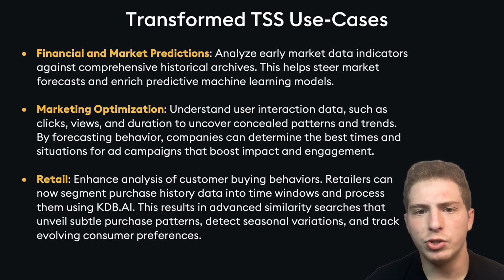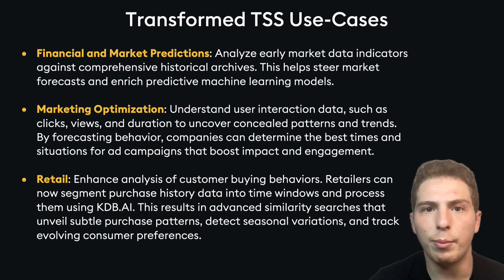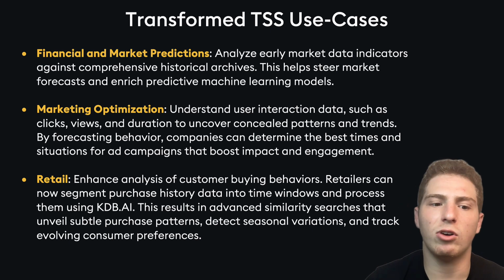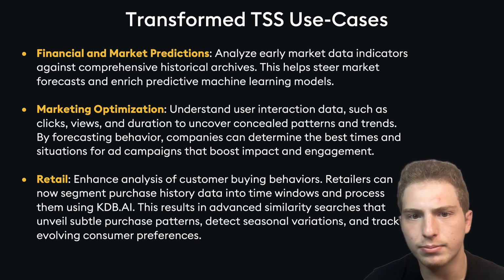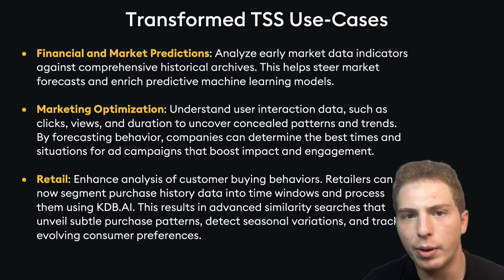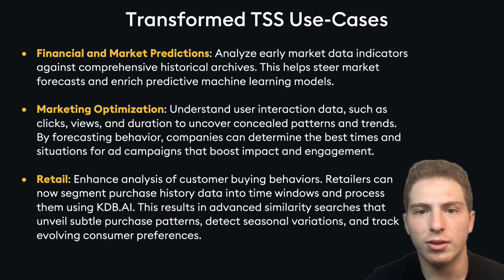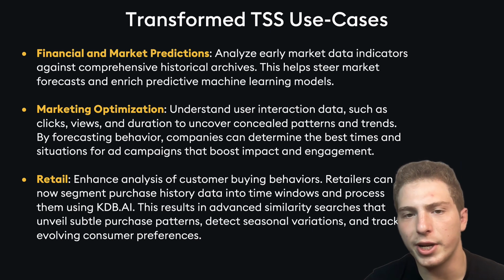For example, you can search an interesting price movement or a jump in user consumption and see whether you could figure out past times that this has happened and whether you could take advantage of it. You could do something like track evolving customer preferences. There's a lot of things you could do with transform TSS that you could only do because it really gives you these massive memory savings. Otherwise, it would be very challenging to analyze great quantities of historical data.